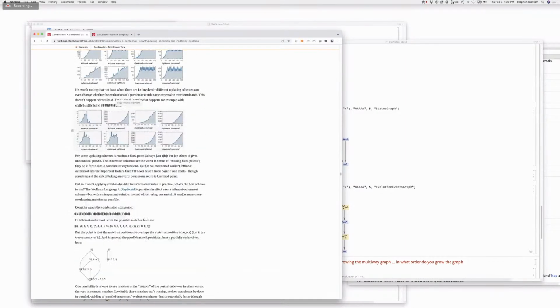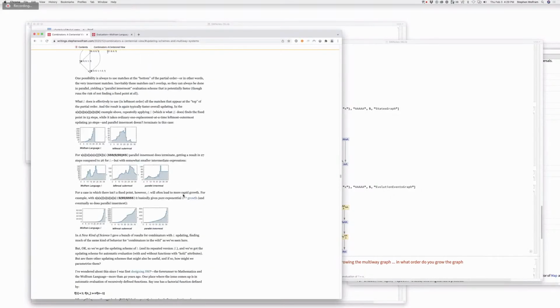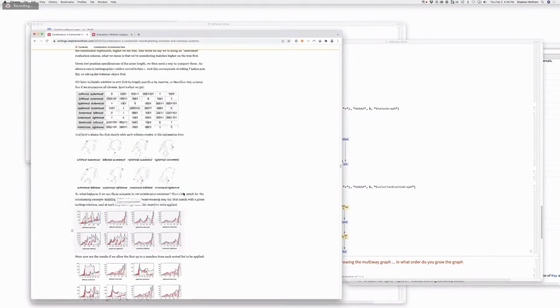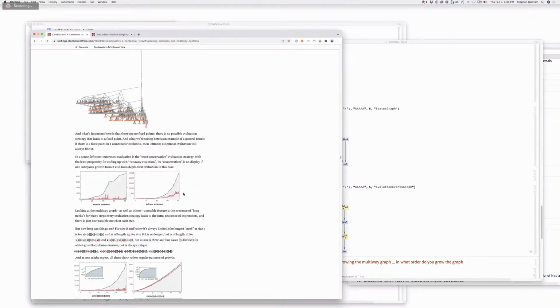I probably got pictures here. Where is it? Yes, exactly. In one of these things here, that's for combinators. Every node here is a tree. Yeah, makes sense, because that is the analog.